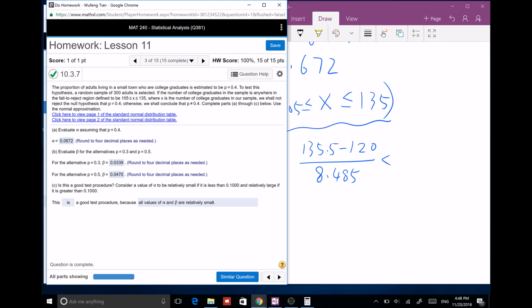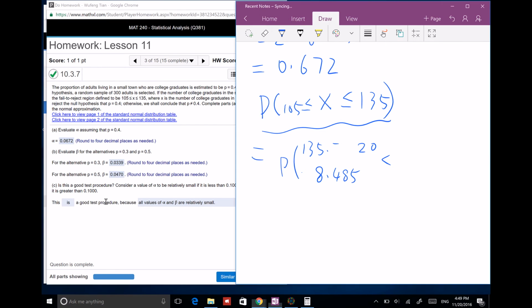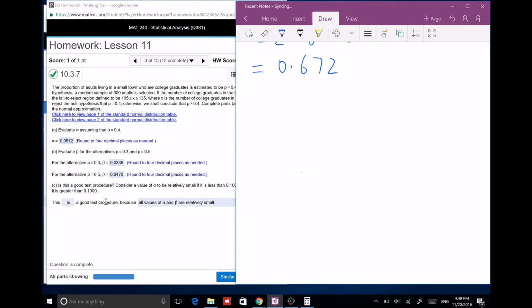The second one is a little bit different. It's just that you have a different mu now, because the p changed. When p equals 0.3, mu equals np, which is 300 times 0.3, which is 90.